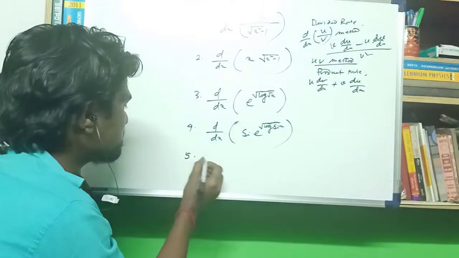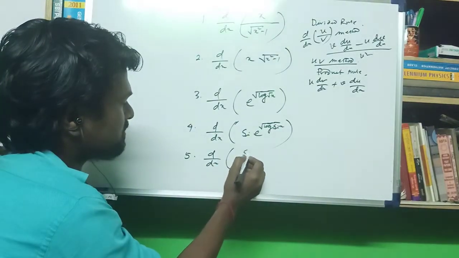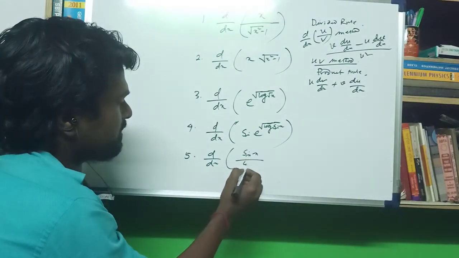and the next one is d/dx of sin x by cos x.